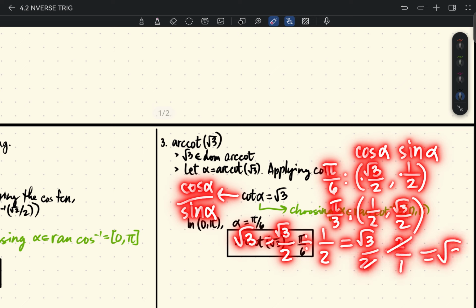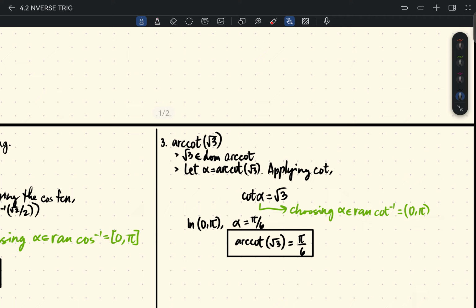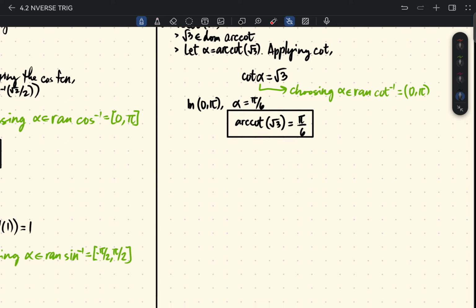You precisely get square root of 3. And so your corresponding angle is this one right here, pi over 6. But if you are really familiar with your special values, then that's good. This one should be quite easy for you already. Okay?